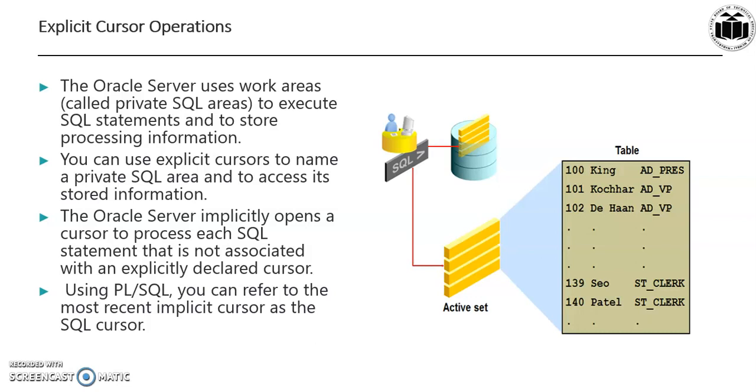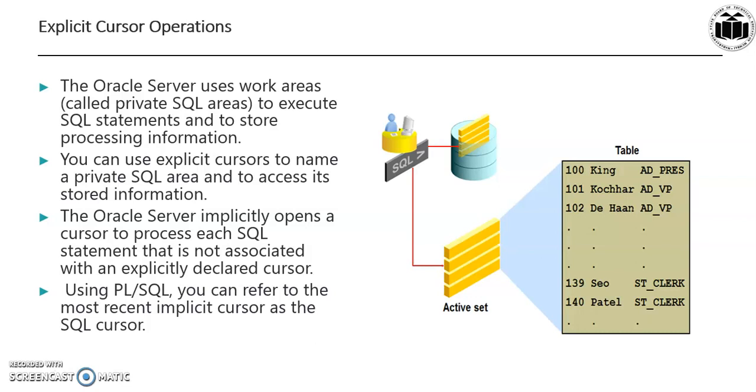Using PL/SQL, you can refer to the most recent implicit cursor as the SQL cursor. Every cursor has its own attributes like SQL%FOUND, SQL%NOTFOUND, SQL%ISOPEN, or SQL%ROWCOUNT.